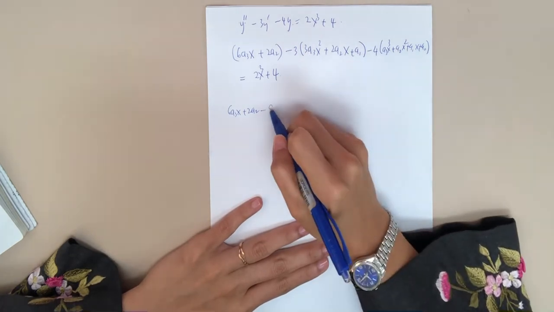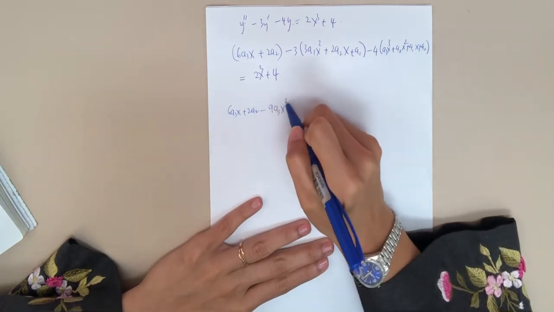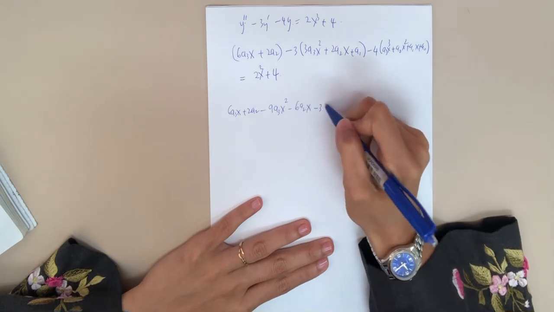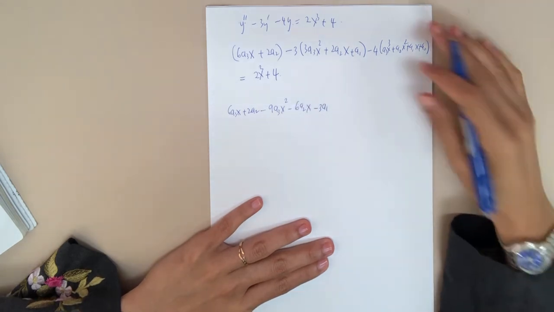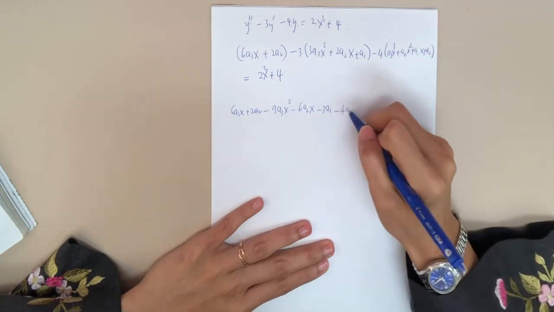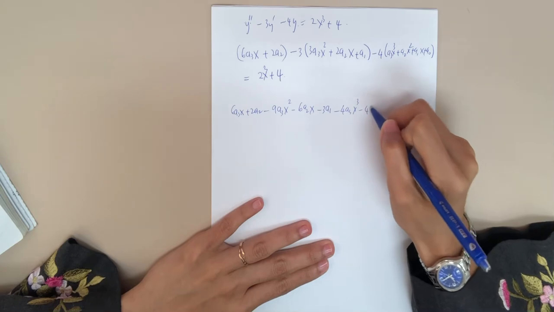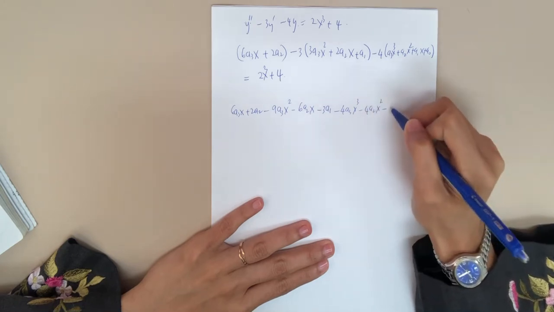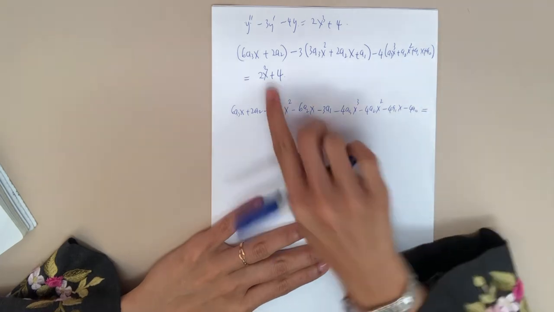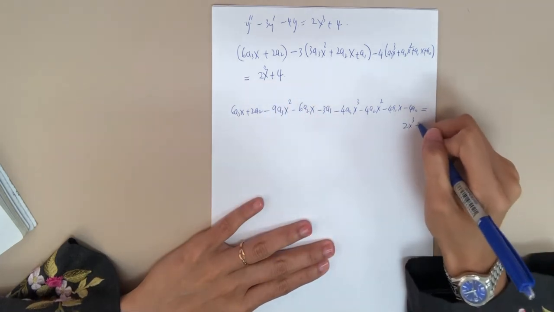So it will be 9a3x squared minus 6a2x minus 3a1. Then open this bracket, so it will be 4a3x cubed minus 4a2x squared minus 4a1x minus 4a0, and this equation is equal to 2x cubed plus 4.